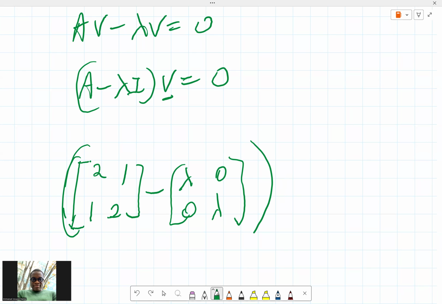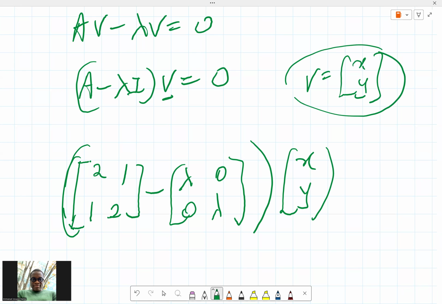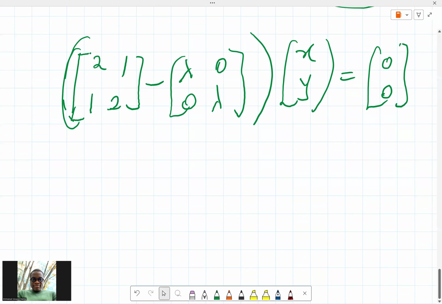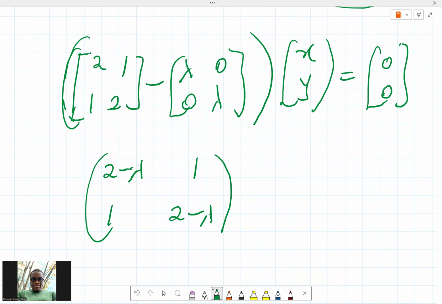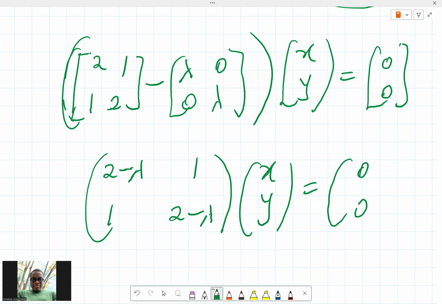Since everything is in terms of matrix, we can have v to be x, y. So now we are saying v is equal to x, y. Those are the eigenfunctions, and this is equal to 0. So 0 will also be a vector, 0, 0 like that. So we have 2 minus lambda, 1, 1, 2 minus lambda, into x y, and that is equal to 0, 0.